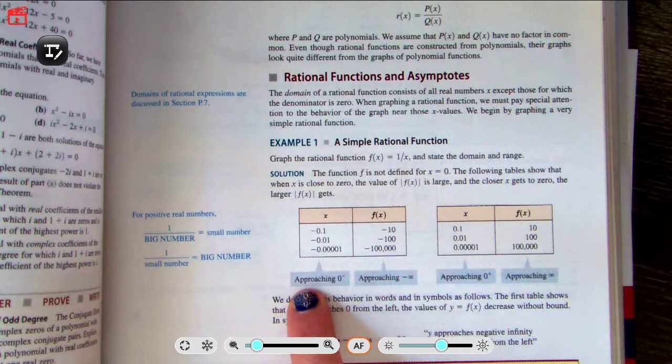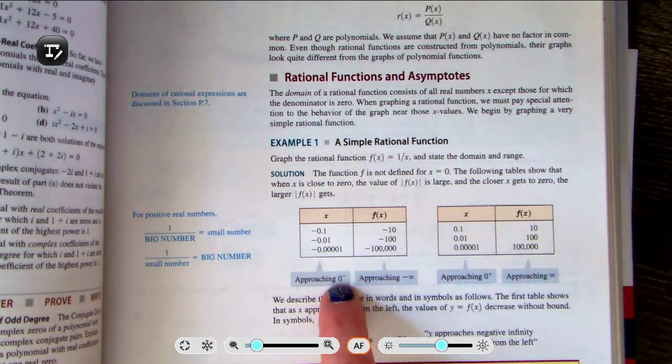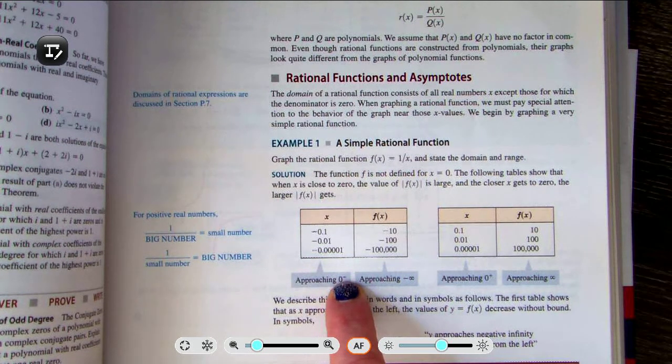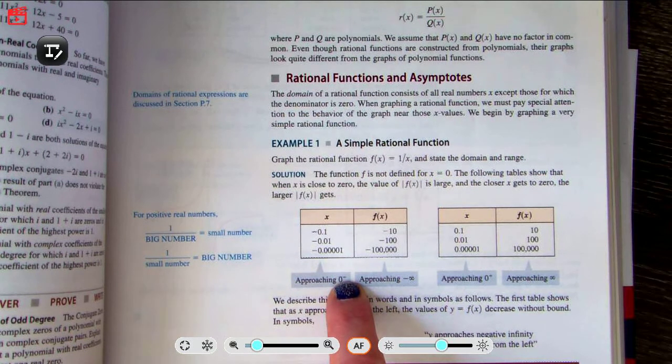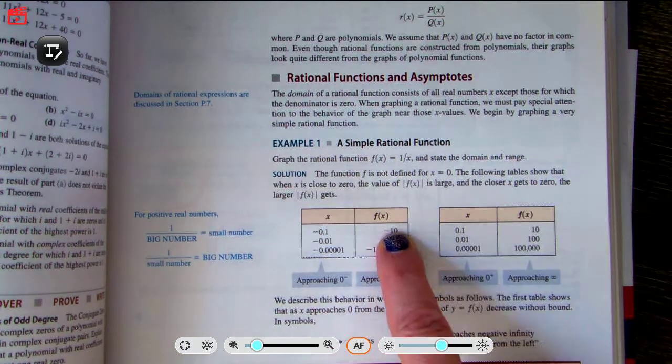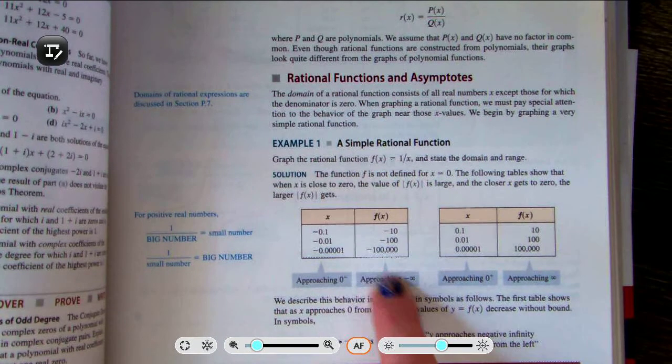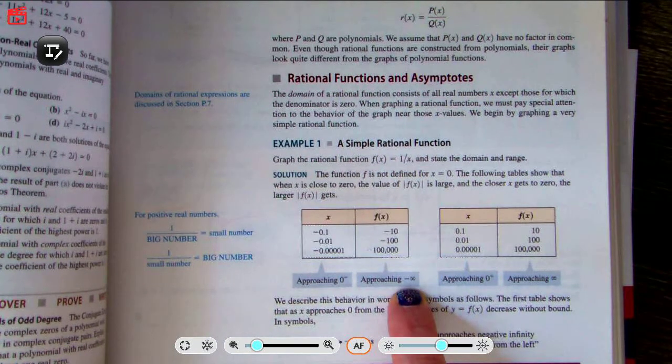So we like to say that x is approaching 0, getting really small or close to 0, and the little minus sign tells us what side of the number line we are approaching from. Picture the number line, and we're coming in from the negative side, or the left side. As that happens, our numbers are getting bigger and bigger, going towards negative infinity.